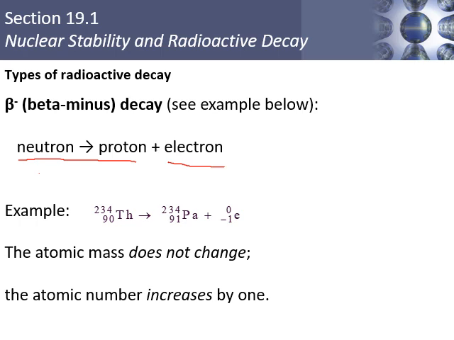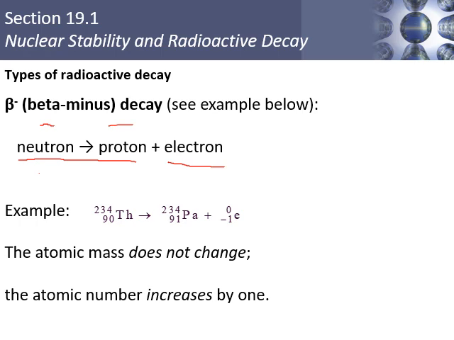So for example, this probably wouldn't happen, but if you started with carbon, well, it might. If you started with carbon and if you had a beta minus decay, you would wind up with nitrogen, right? Because it's going to go to the thing that has 1 more proton, which means you're going to move up. Now the mass doesn't change, because we're considering the mass of neutrons and protons to be the same, even though I just said neutrons weigh a little bit more than protons.